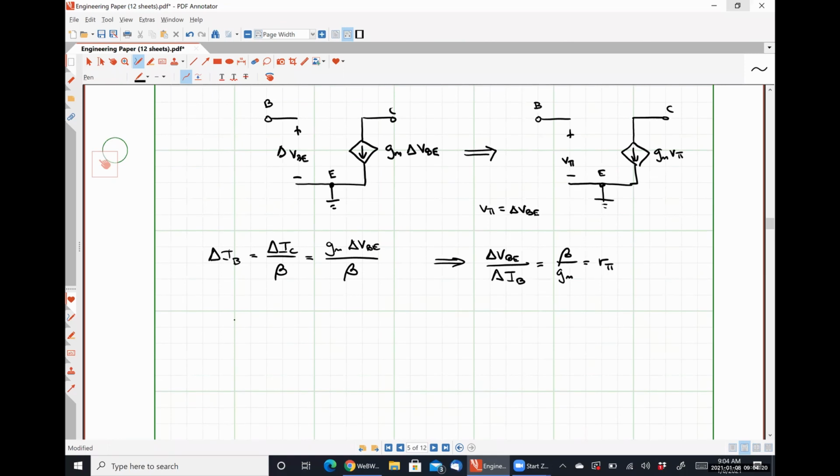From this, our small signal model, we're effectively done with it until we start talking about second order effects, is this.